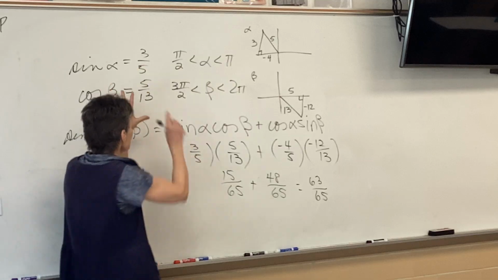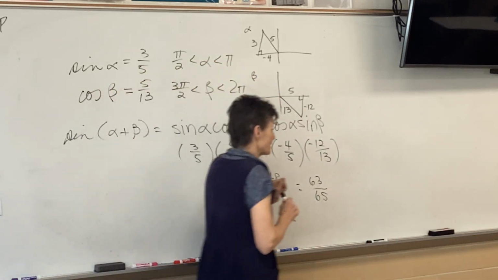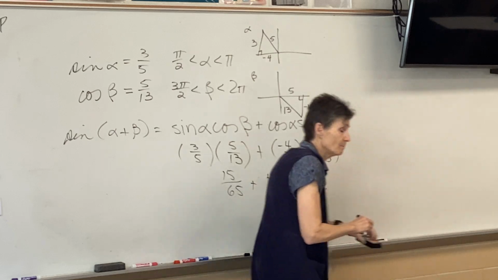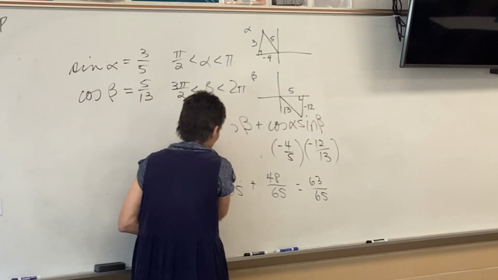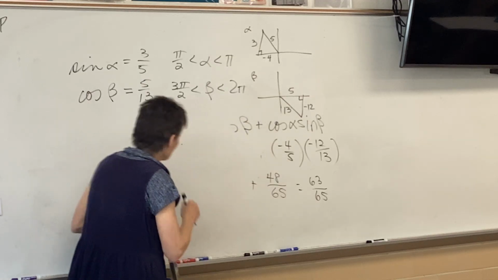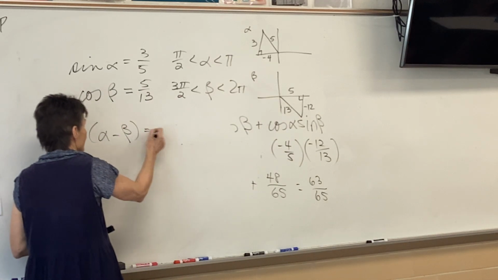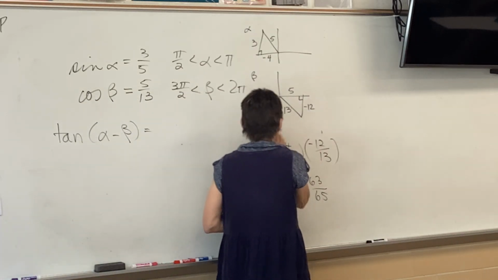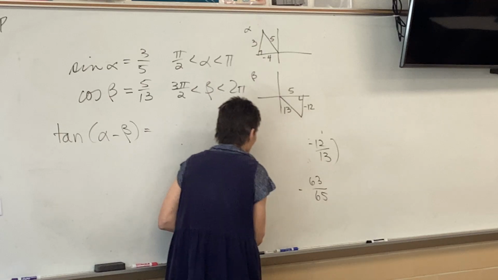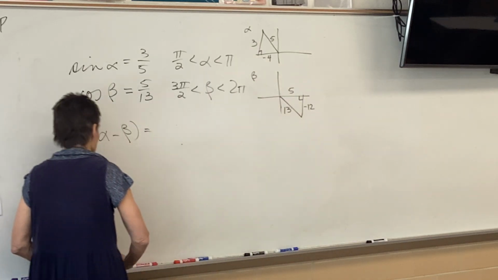Now, the good news is, all of these problems involve the same given. So I'm gonna leave all this up here, we're gonna use all of that again, we just have a different problem now. So problem 2 says, we're gonna find the tangent of alpha minus beta. So what formula am I going to use? Find the formula on your sheet. What does it say?